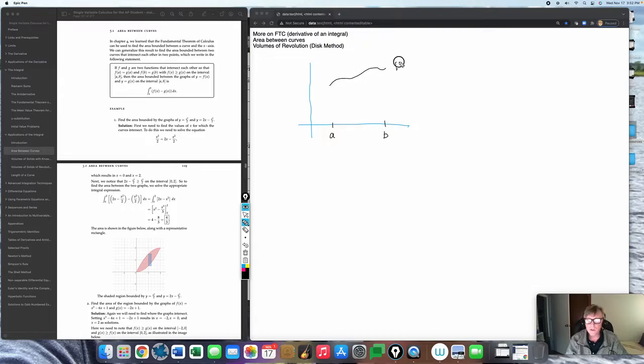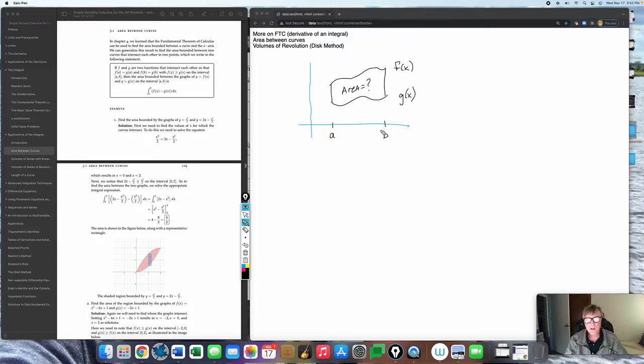This will be an f of x curve, and down here there'll be some other curve, g of x. The goal is, from the vertical line x equals a to the vertical line x equals b, to figure out how much area there is.